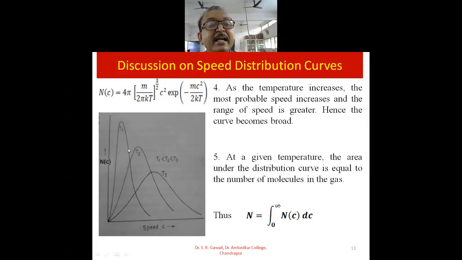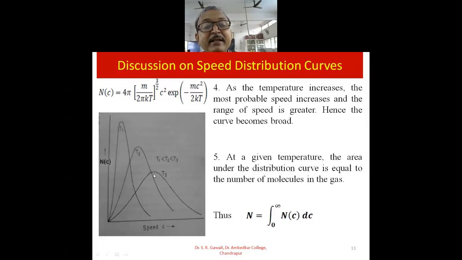So you can see that for the temperature T1, the maximum speed is C1. Then for the temperature T2, the most probable speed is somewhat higher.